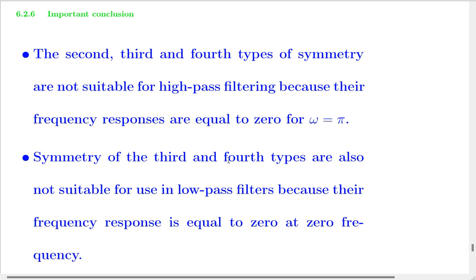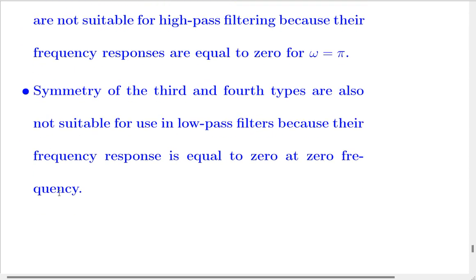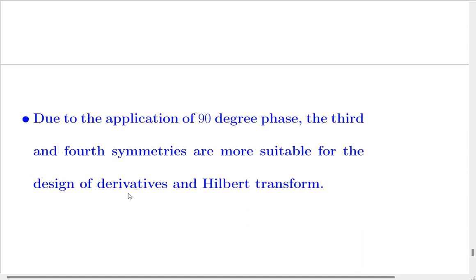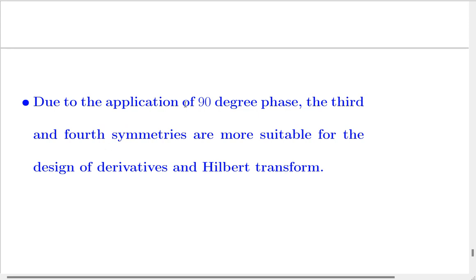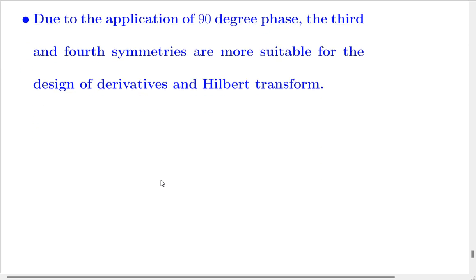Symmetry of the third and fourth types are also not suitable for use in low-pass filters because their frequency response is equal to 0 at zero frequency. Now, due to the 90-degree phase, the third and fourth symmetries are more suitable for the design of derivatives and Hilbert transform.